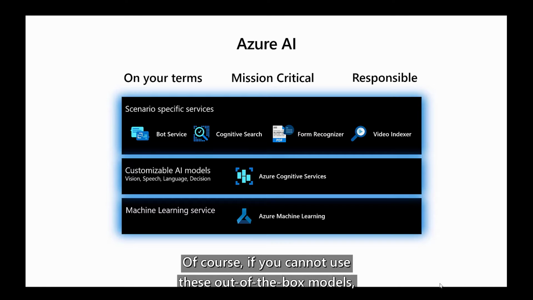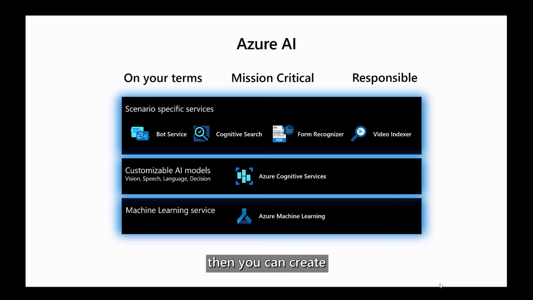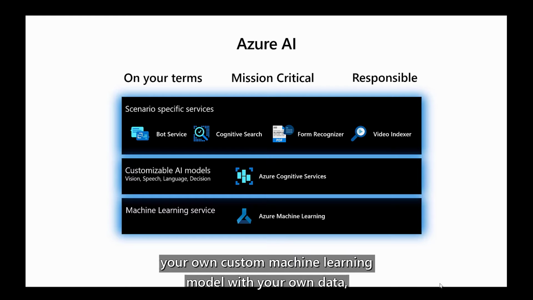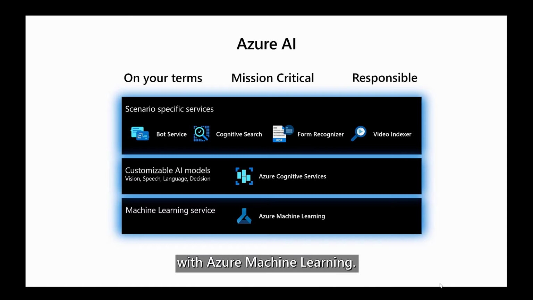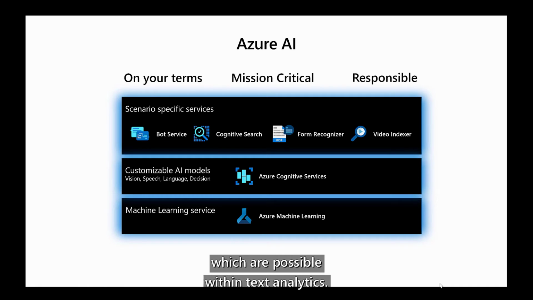And of course, if you cannot use these out of the box models, then you can create your own custom machine learning model with your own data with Azure Machine Learning. Today's focus is text analytics, which is a type of Azure Cognitive Service, and there are different operations possible within text analytics.